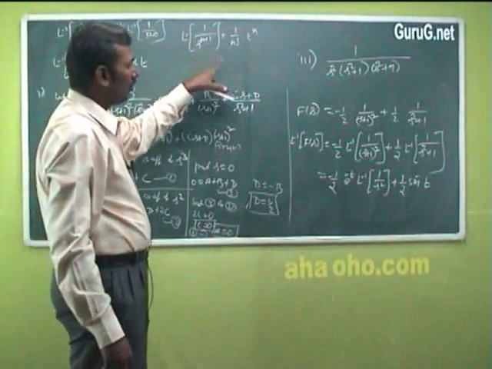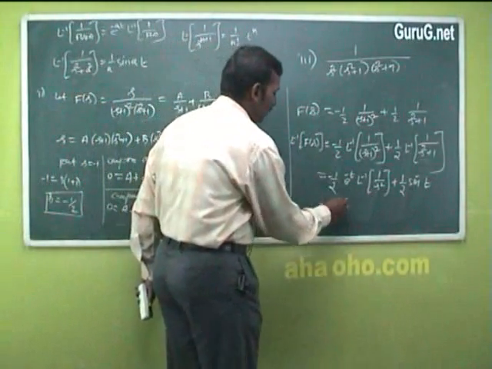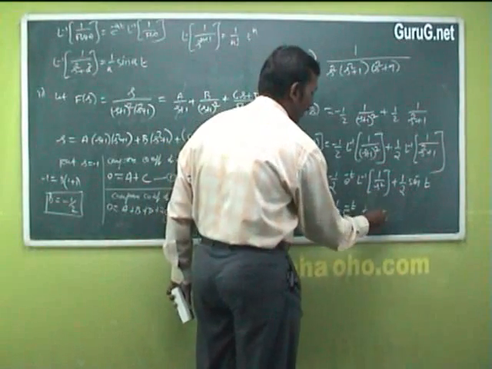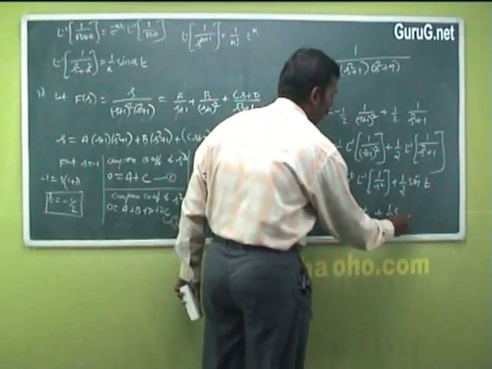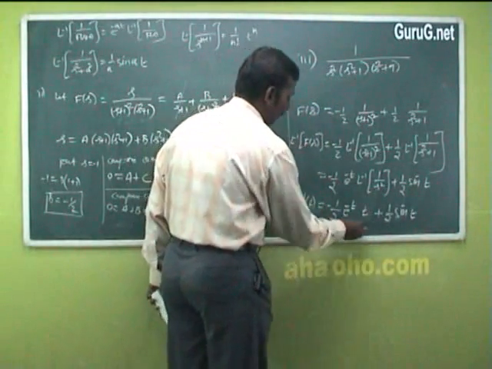Now what comes here, s squared means n equals 1, isn't it. So minus 1 by 2 e power minus t into t plus 1 by 2 sin t. So which is f of t.